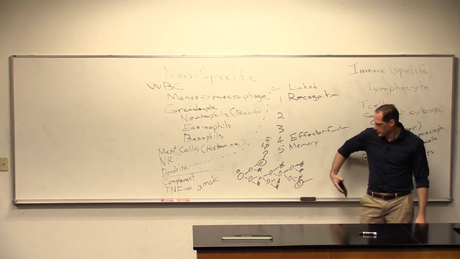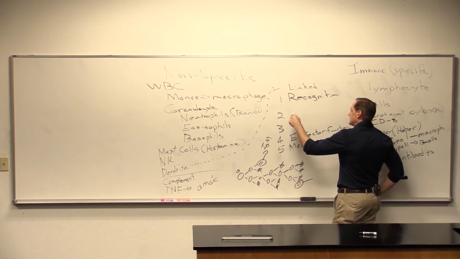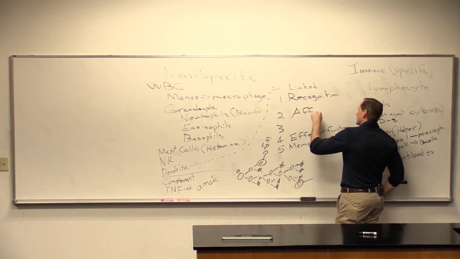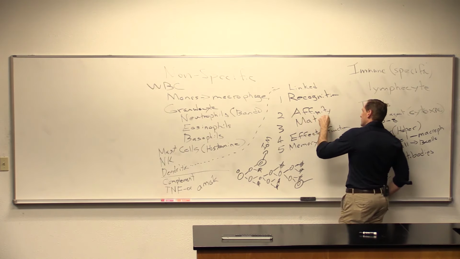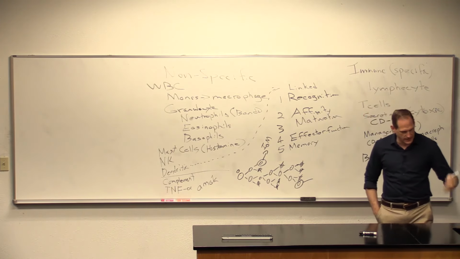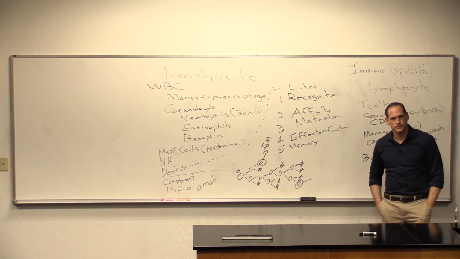And that is called affinity maturation. So steps 2 and 3 are kind of linked together in the case of a B cell.